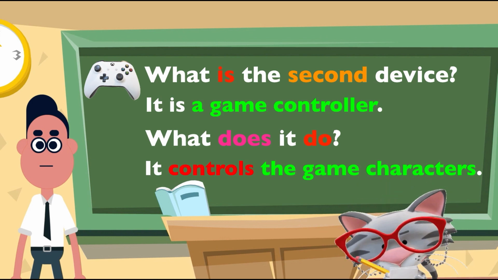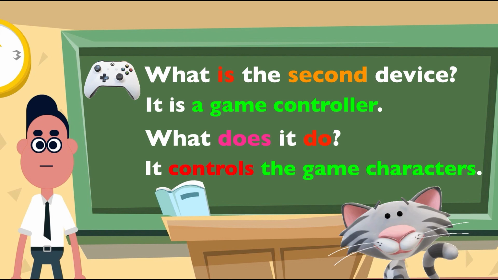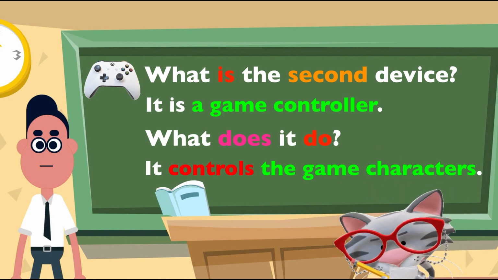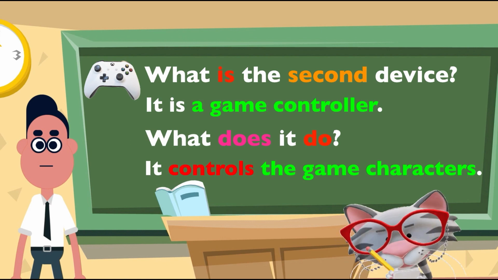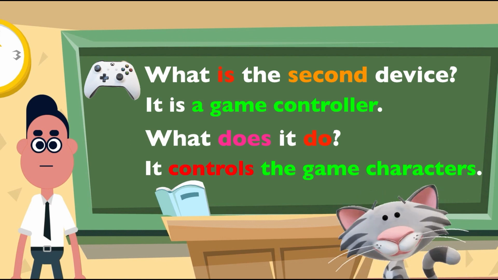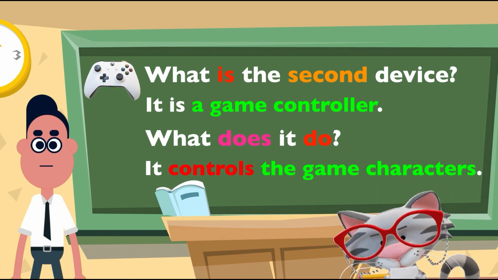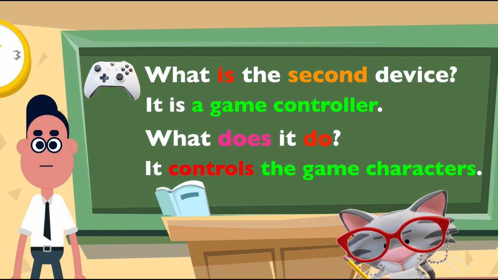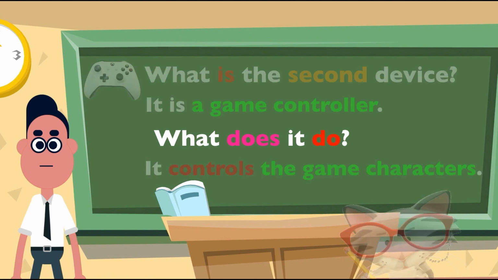So again, the main verb here switches to controls. So do becomes a more specific action verb. So we're building up explanations, details, and definitions about our devices and components.